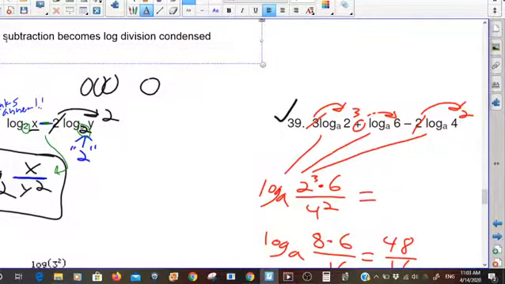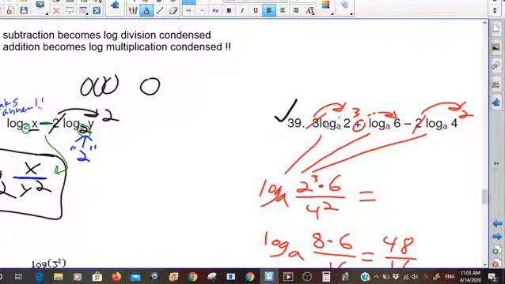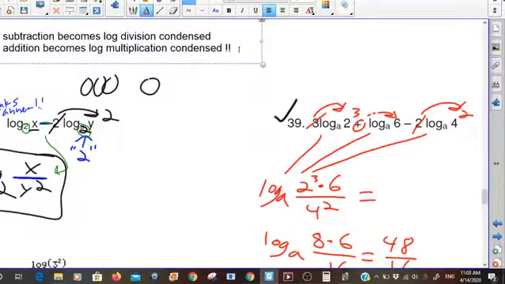And then the other way around, log addition, which is expanded, becomes log multiplication, condensed. So over here, we'll get 39 again. The 3 comes in front, so exponential also becomes, I didn't really say that in the last video, well, I did, I just said it verbally.